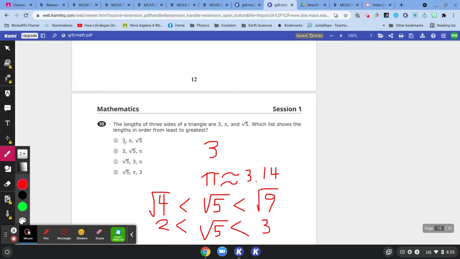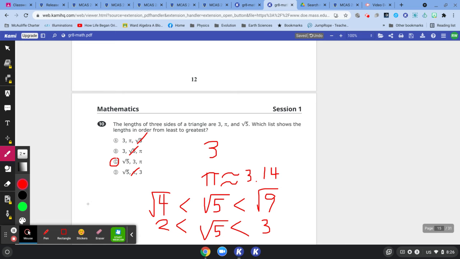So 3, pi, square root of 5 is wrong because the square root of 5 is less than 3. 3, square root of 5, pi is wrong because the square root of 5 is less than 3. But square root of 5, 3, and pi, that one works. D doesn't work because pi is greater than 3, so that one's out of place. And in this one, this is out of place.